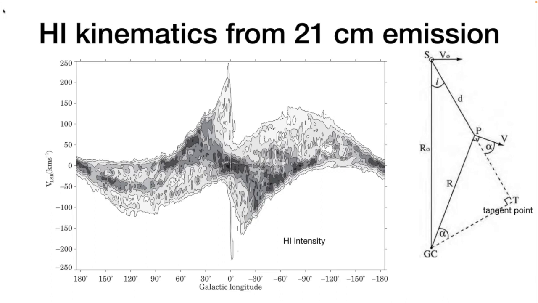We can use it and get omega at that radius. In this expression, the problem is if you don't know the distance of a general cloud, you cannot apply this formula. But if you have measured the maximum velocity, that has to correspond to the tangent point, and for that you know R. That's how you infer.